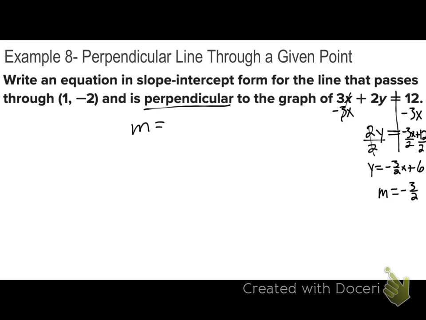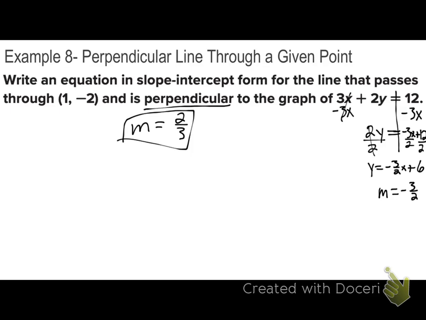Opposite is talking about the sign. What's the sign of this slope? Negative. So the sign of my slope needs to be positive. The reciprocal is talking about flipping the fraction. What's 3 over 2 flipped? 2 over 3. So the opposite reciprocal of negative 3 over 2 is positive 2 over 3. This is the slope I'm going to use to ensure that my line is perpendicular to that given line. We okay with that?